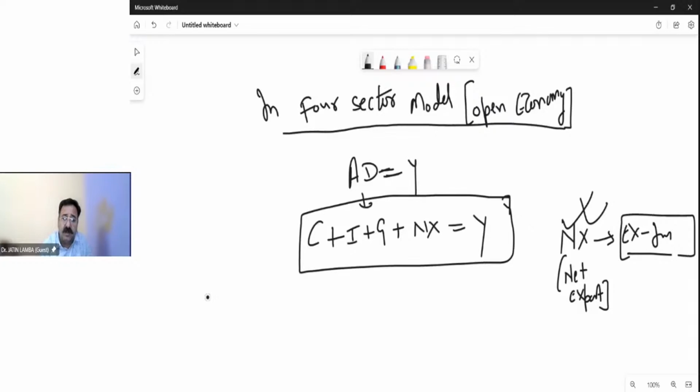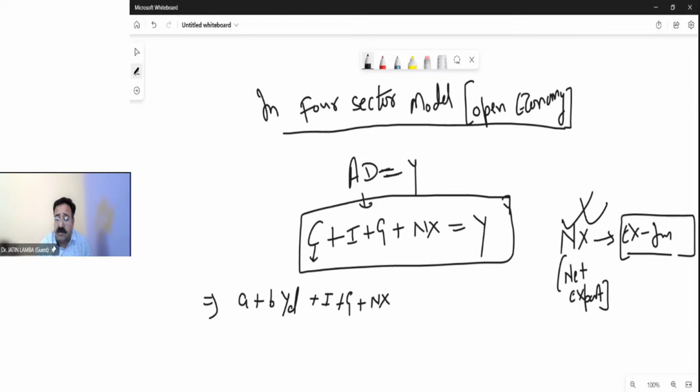For example, the first one we studied was the case of lump sum tax. If you take the case of lump sum tax and transfers, right? So what will happen? Put the value of C. C will be A plus B YD, plus I constant, plus G constant, plus NX constant.